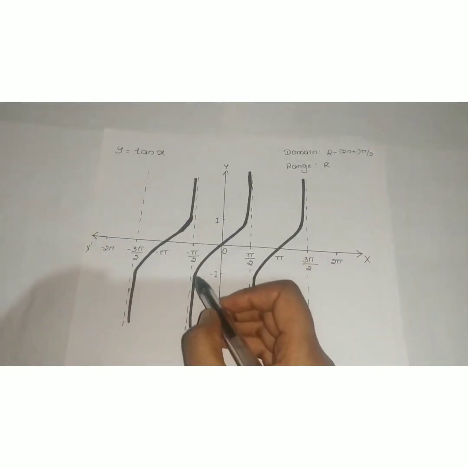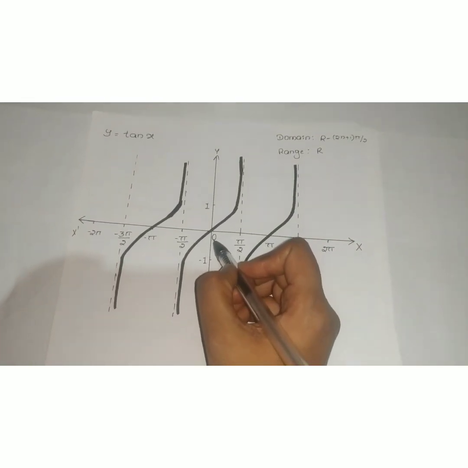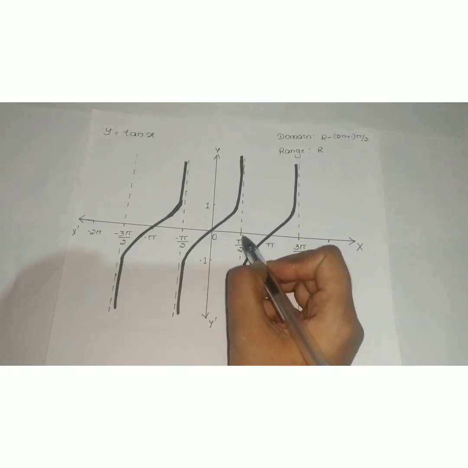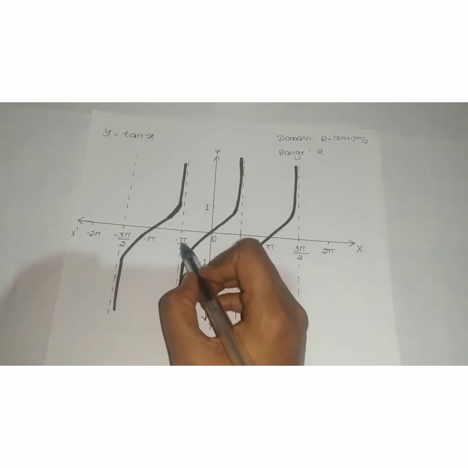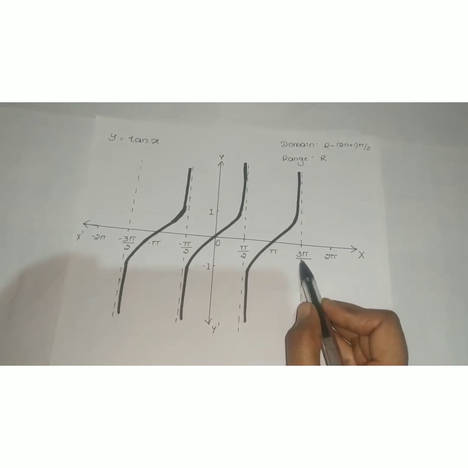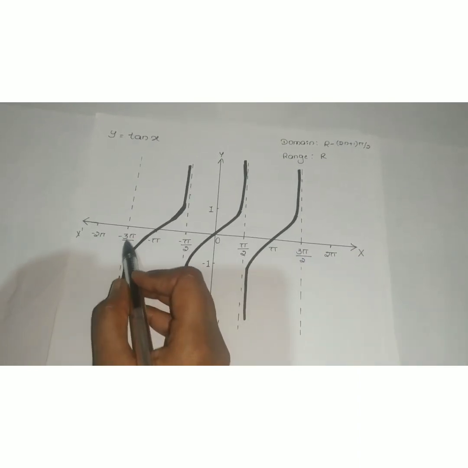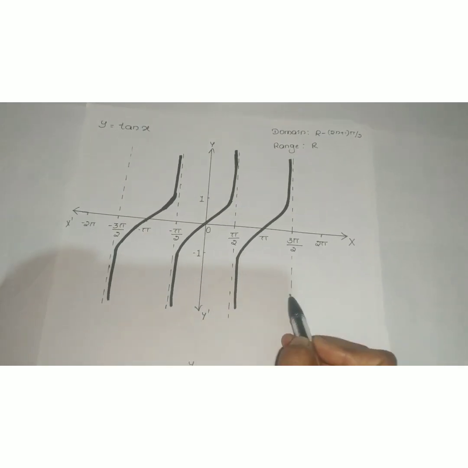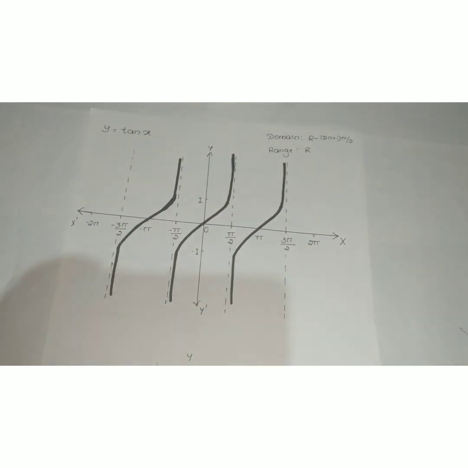Using the tan angles, you plotted this graph. tan 0 is 0, and tan π/2 and tan minus π/2 are not defined. In the same way, at 3π/2 and minus 3π/2 the tan function is not defined.